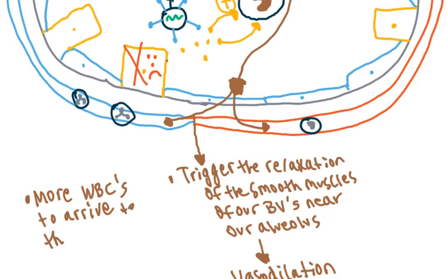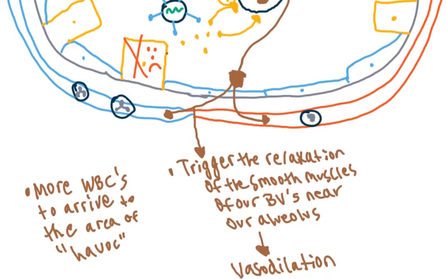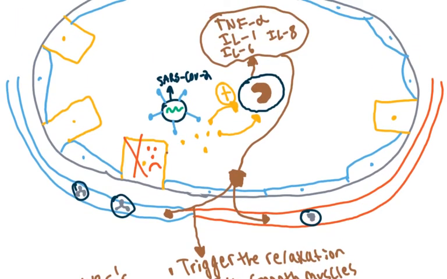So that's the main thing we see happening right now: vasodilation and more white blood cells coming in because of these inflammatory cytokines released by the alveolar macrophages.